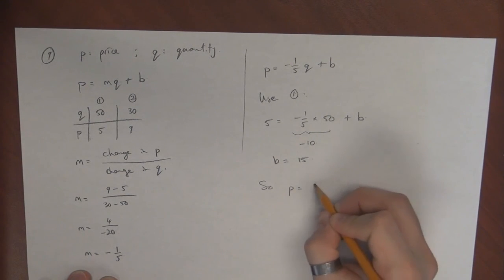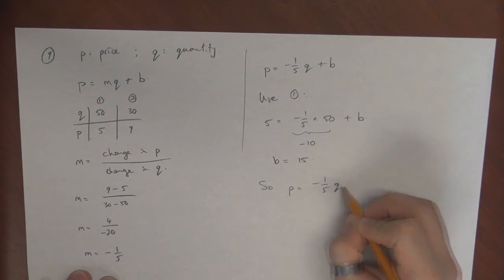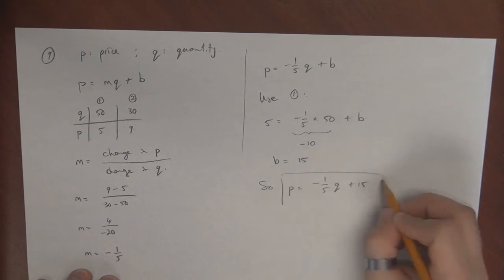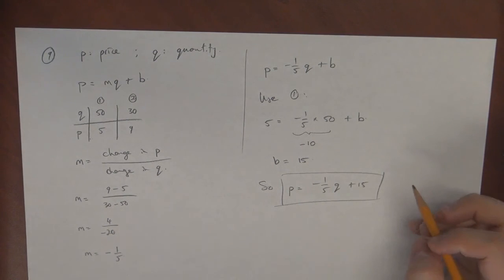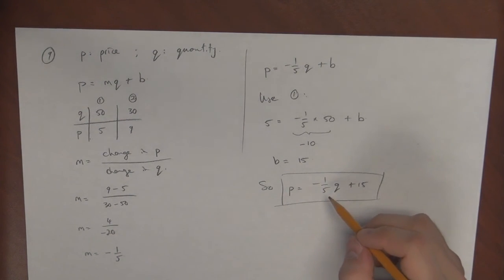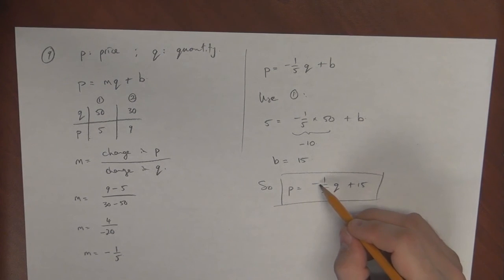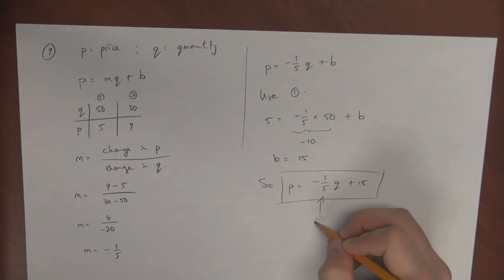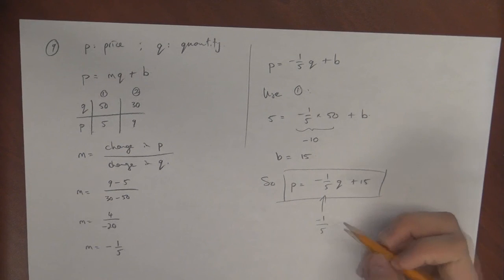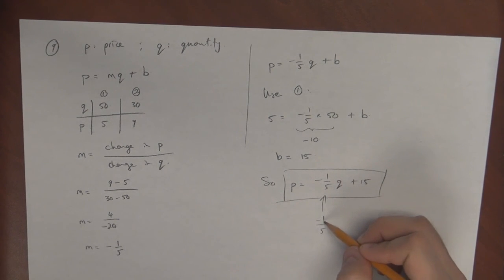So my final equation is P equals negative 1 over 5 Q plus 15. That's all they wanted. Put a box around it and you're done. However, if you wanted to interpret the slope, you could say that this is negative 1 over 5, which means that the price drops by $1 for every increase of 5 hats.